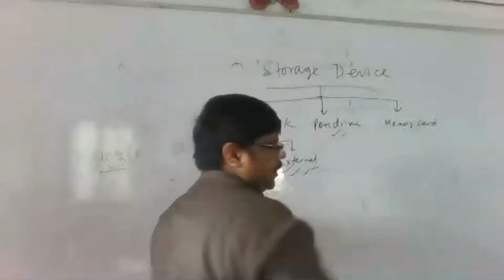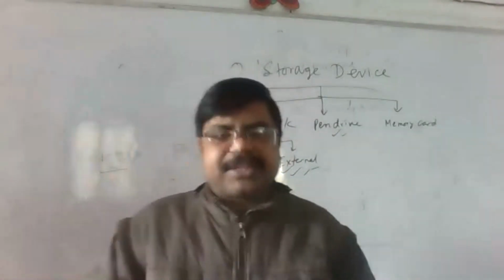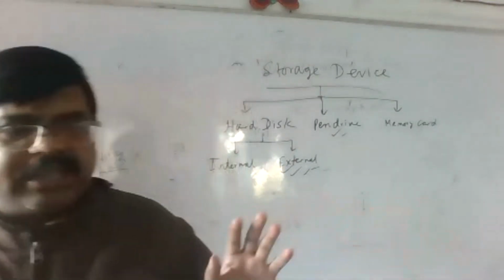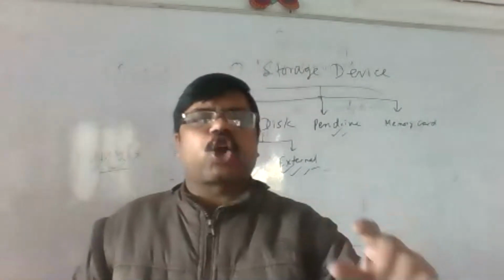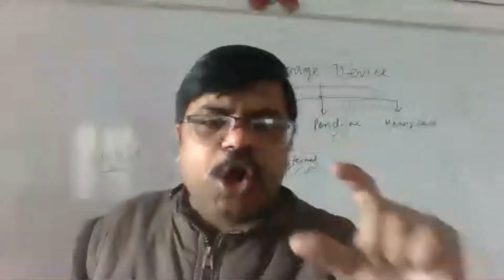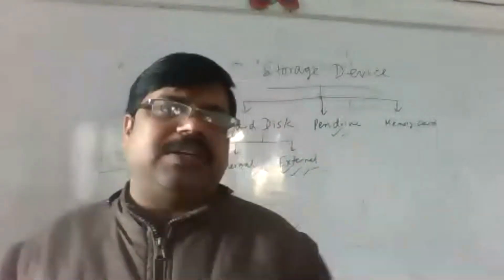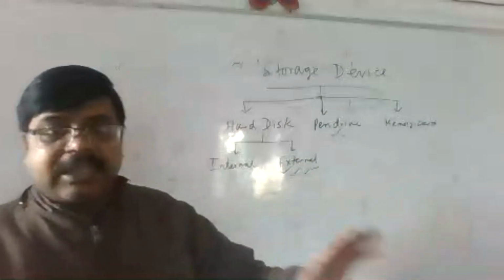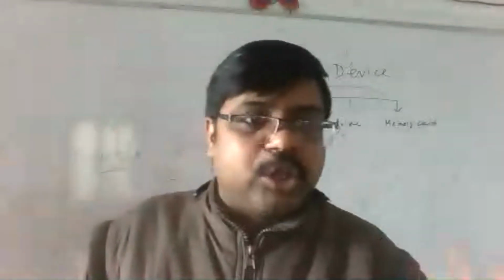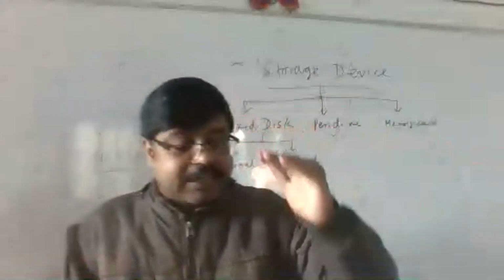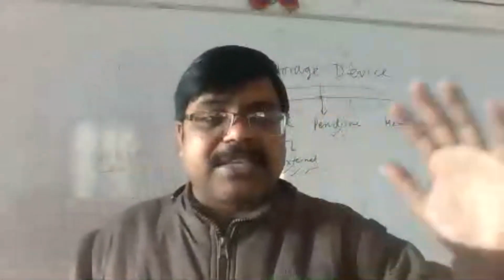Next one is the pen drive. You can carry your data from one PC to another PC using the pen drive. It is a compact device, a small device, a portable device. Using this, you can transfer your data. But again I'm saying, the pen drive comes in different spaces.